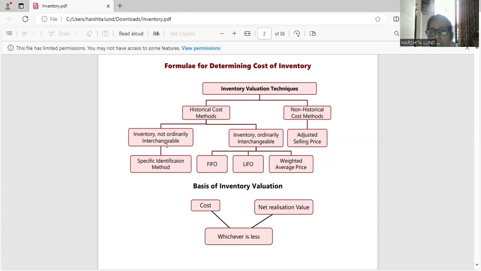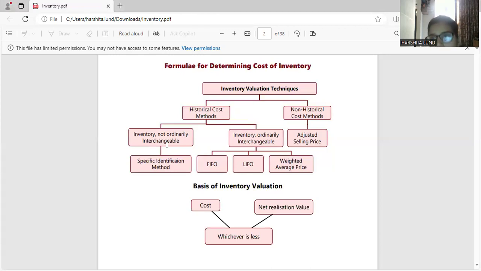But if the cars do not have specific features and there are multiple similar cars, then it is ordinarily interchangeable, and we can use FIFO, LIFO and the weighted average. We will check an example for the same.